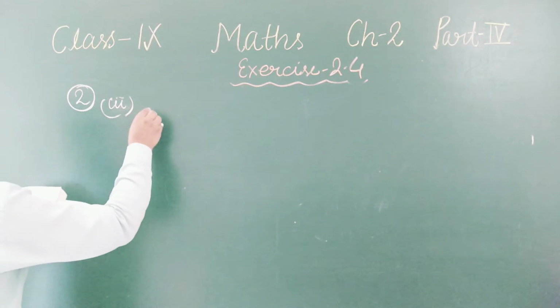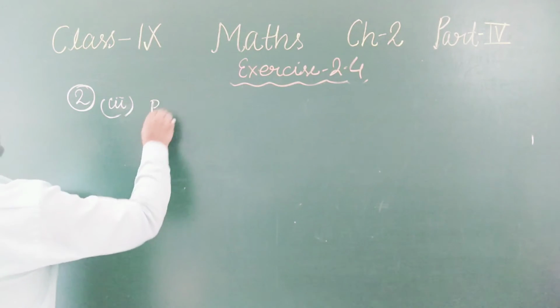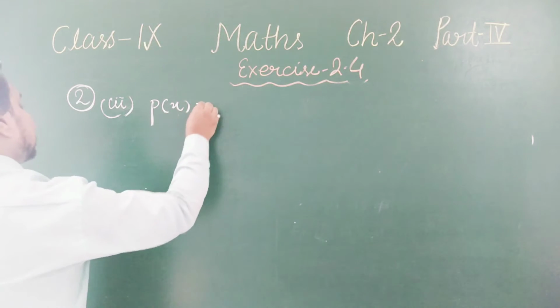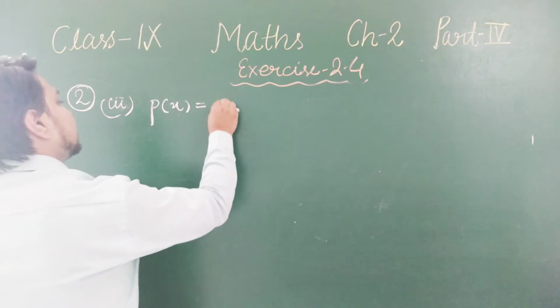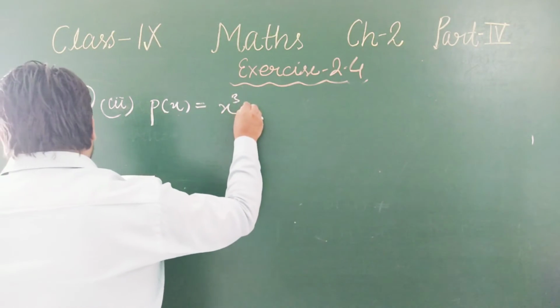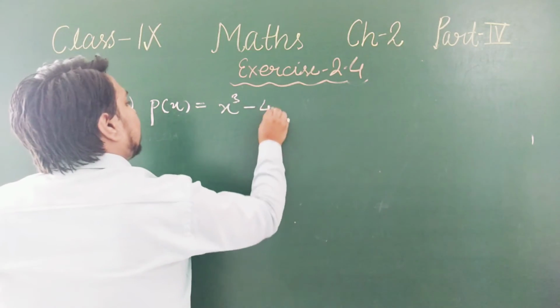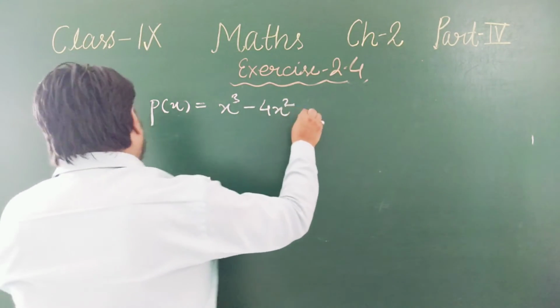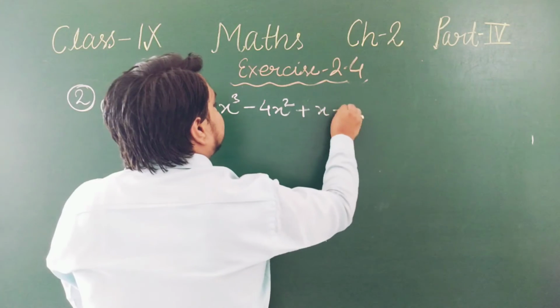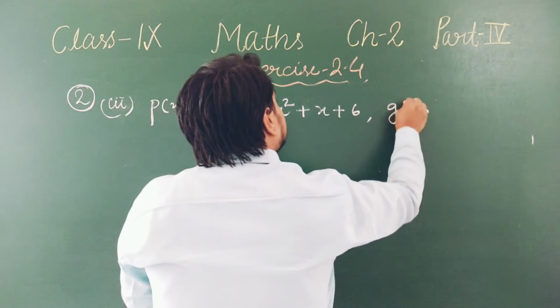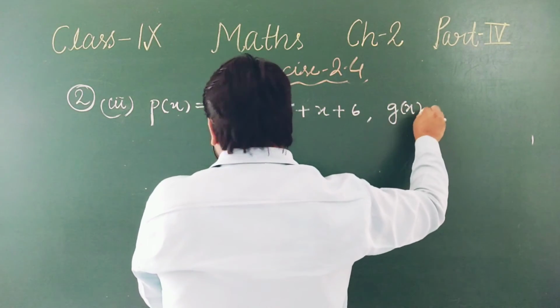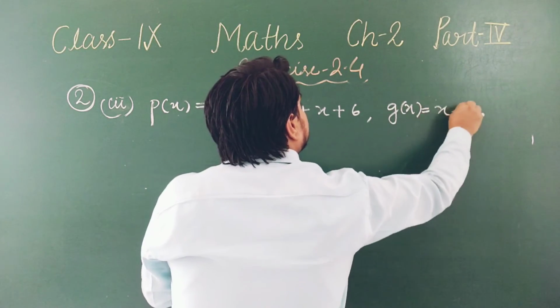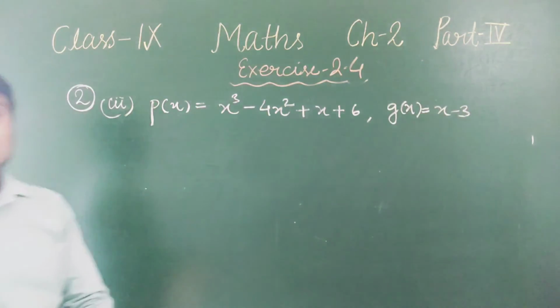In the third part it is given that the polynomial p(x) is equal to x to the power 3 minus 4x square plus x plus 6, and g(x) is given as x minus 3.